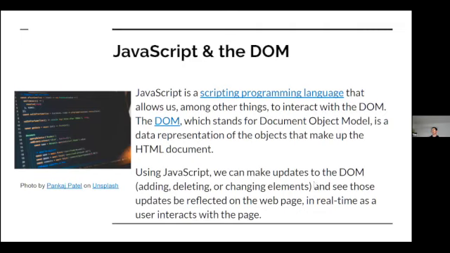Maybe a website starts out empty, and when you click a button, you want it to, I don't know, populate all the users inside a div. JavaScript allows that button to be clicked, and it allows it to function essentially. And if you see the image on the left, that's JavaScript.